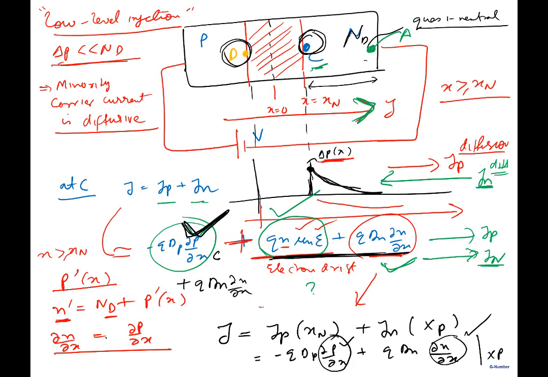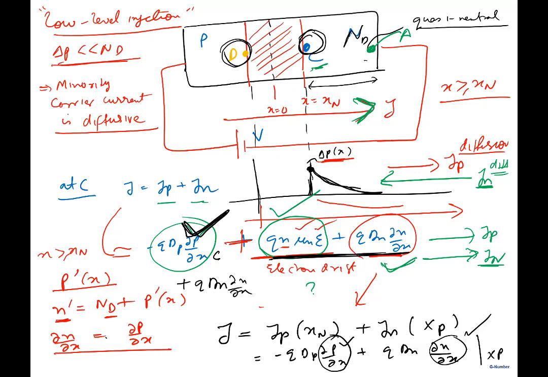Go back and look at this diagram. At any point, take point number C. At point C, if you look at all the current components, you have hole diffusion component, you have electron diffusion component, and you have electron drift current. Is electron drift current negligible at C? The answer is no. We saw electron drift current has to be much higher than electron diffusion current.